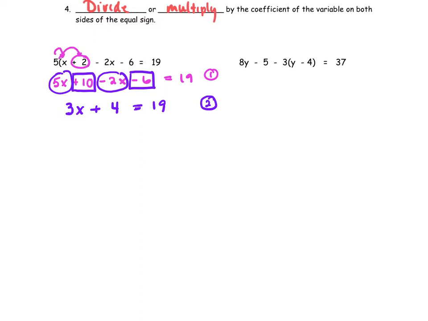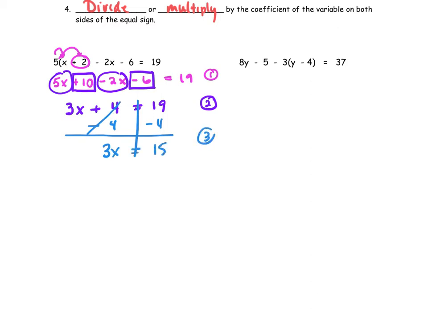Our third step is to add or subtract the constant, and I base that on what's happening with the constant. It says I'm adding 4, so we're going to do the inverse. We're going to subtract 4 on both sides. And that's going to leave 3x equals 15.